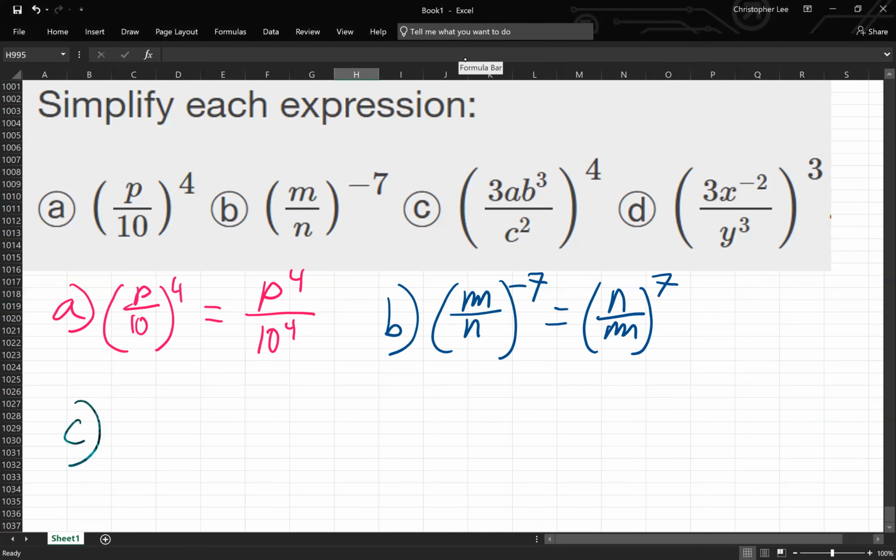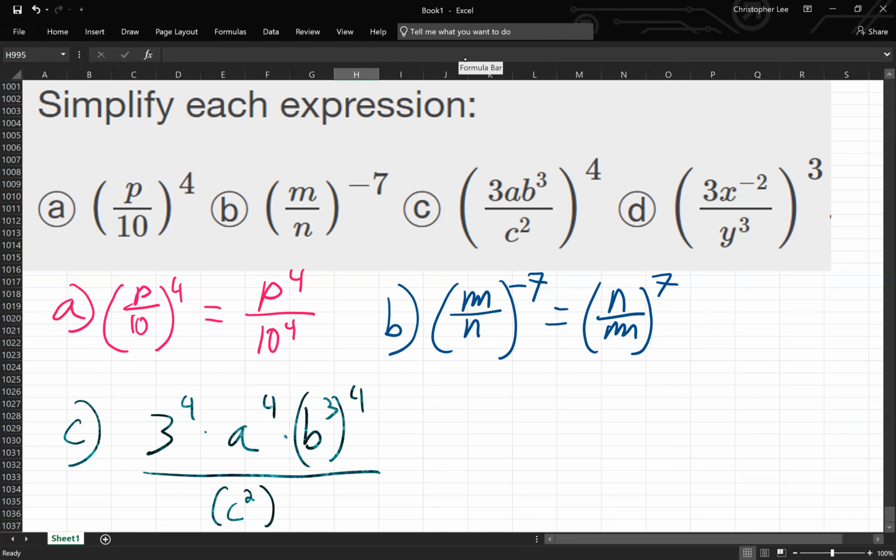So I have 3ab to the third divided by c to the second, raised to the fourth power. Everybody gets the power. So this becomes 3 to the 4 times a to the 4 times b to the third raised to the 4 over c to the second raised to the fourth.